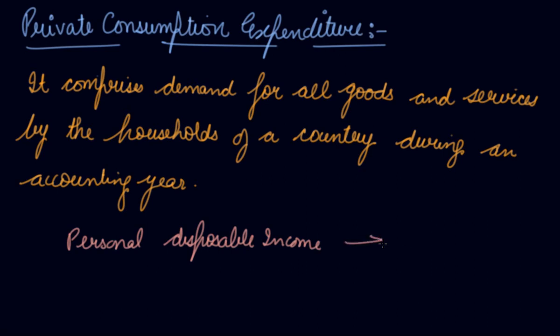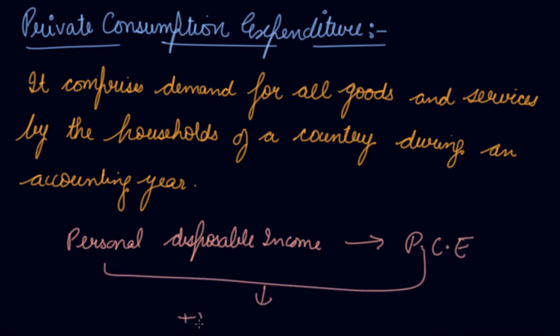And your private consumption expenditure have positive relationship. See, whatever the expenditure is done by private people or the households of a country during an accounting year on the goods and services, that expenditure is your private consumption expenditure, right?